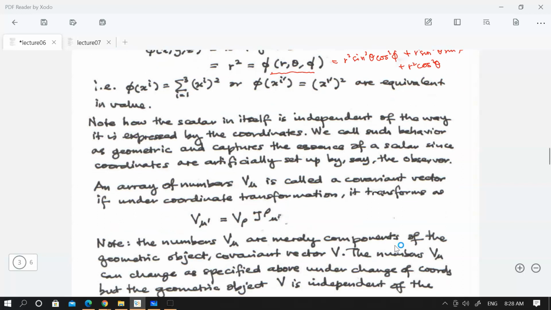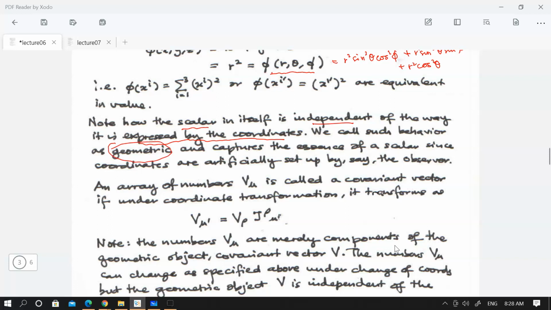So the idea of this scalar is that it is independent of the way we express it. Okay. So like this r squared and x squared plus y squared plus z squared. I have to emphasize this: the scalar itself is sometimes called a geometric quantity. Okay.